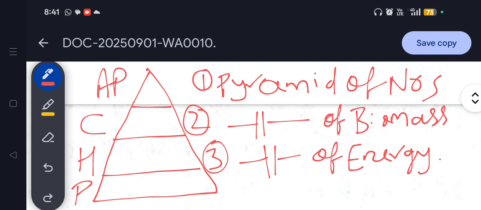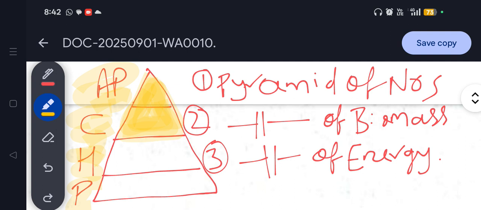As you can see here, I have prepared the pyramid and given names to it. This is the producer. H stands for herbivorous, C stands for carnivorous, and A stands for apex predator. But we should not forget that apex predator and carnivorous are together. We are just discriminating them on the basis of apex predators and carnivorous, but both are under the category of carnivores only.